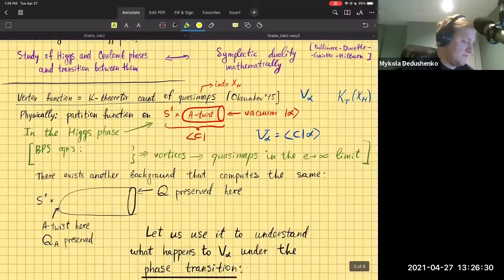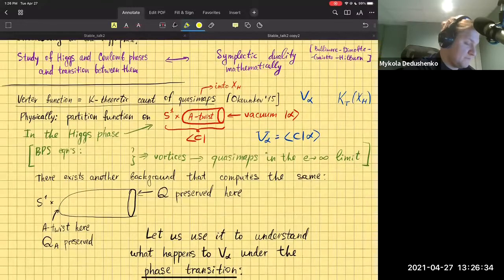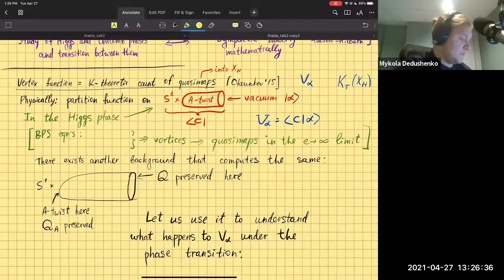Recall that there is this thing that was studied in various papers by Andrei and collaborators. There's a vertex function, which physically is a partition function on this cigar with an A twist on it, and it corresponds to a K-theoretic count of quasimaps into the Higgs branch.